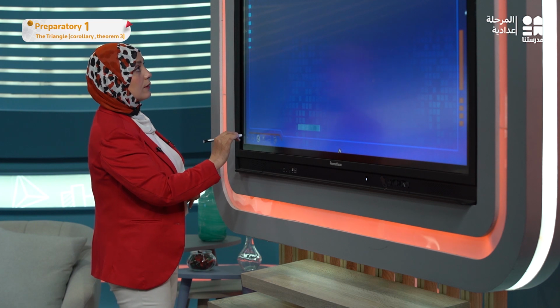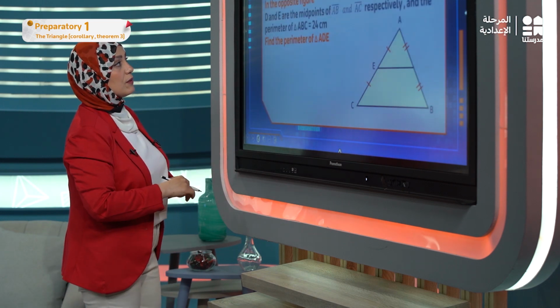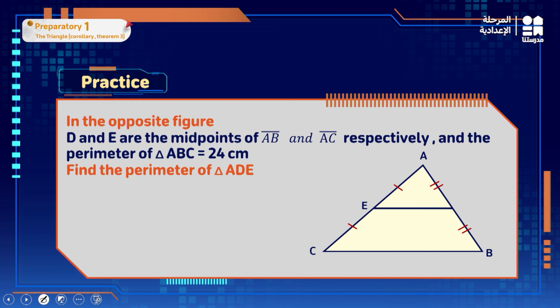We have another one. In the opposite figure, D and E are midpoints of AB and AC respectively. So D is a midpoint of AB and E is a midpoint of AC. Then find, and the perimeter is given, the perimeter of triangle ABC equals 24.